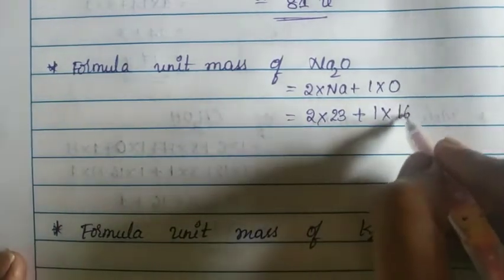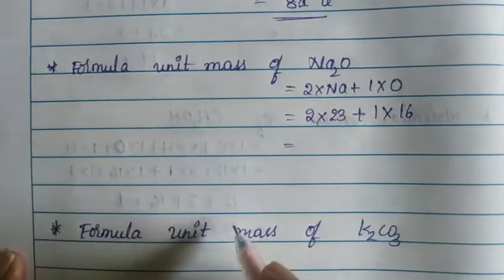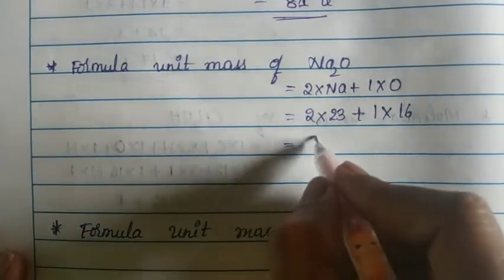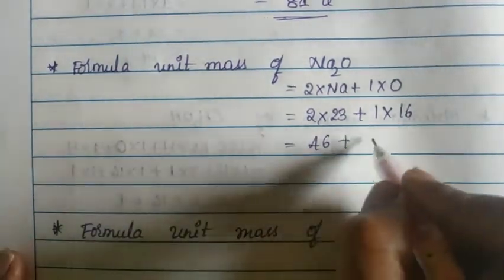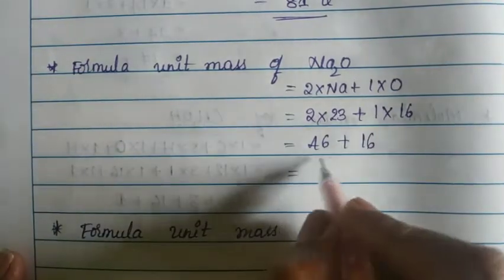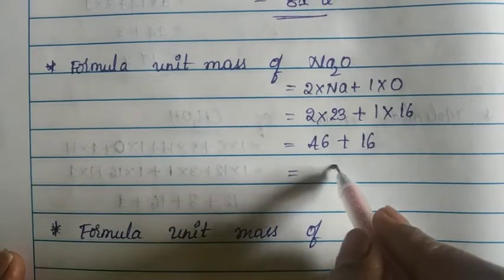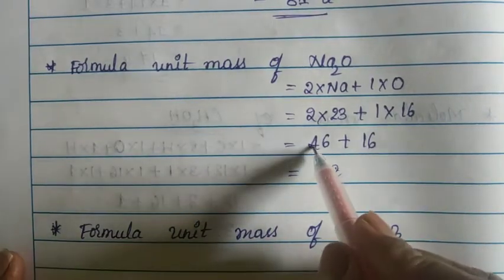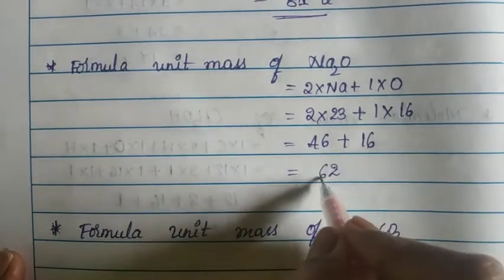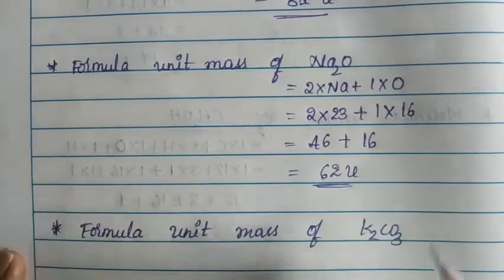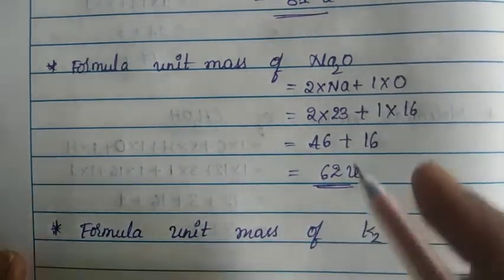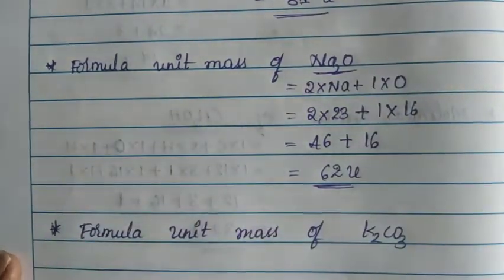Yes, 16. Now multiply these two. 23 twos are how much? 46, plus 16 ones are 16. Add these two now. Yes, 6 plus 6 becomes 12. 1 carry. 1 plus 4, 5. 5 plus 1, 6. 62 U. This is the formula unit mass of sodium oxide.